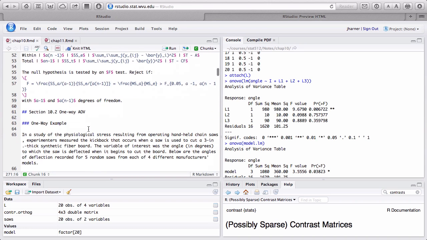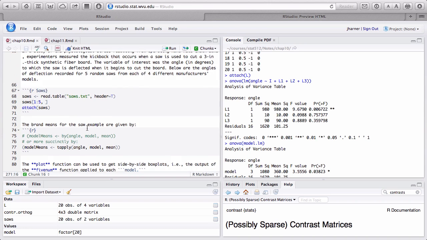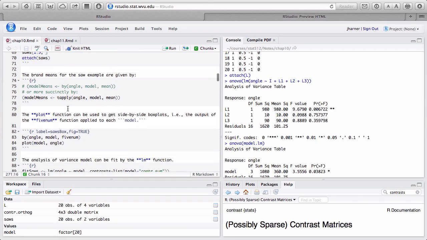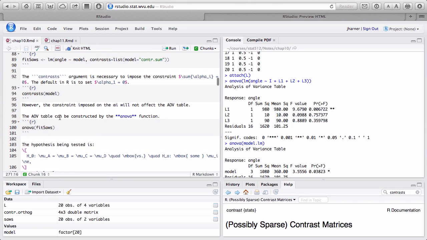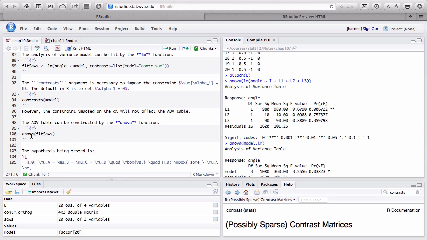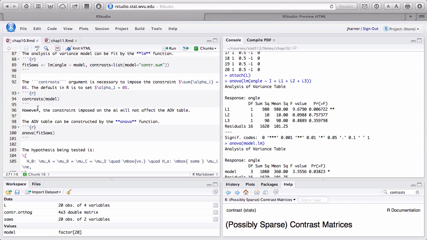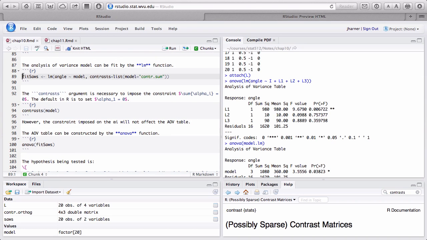Sometimes it's hard to find these. It's got to be here. His fit solves contrast. Oh, here it is. I'm going to go back up here and do this particular run right here.